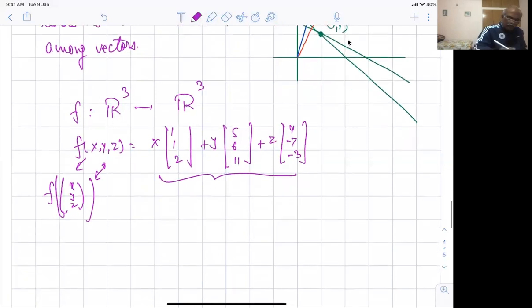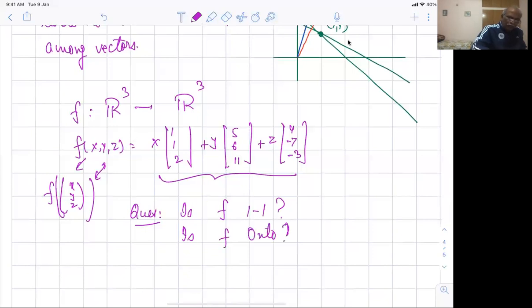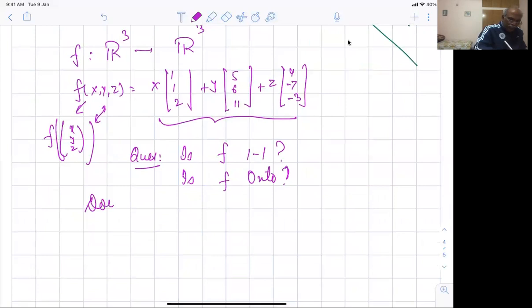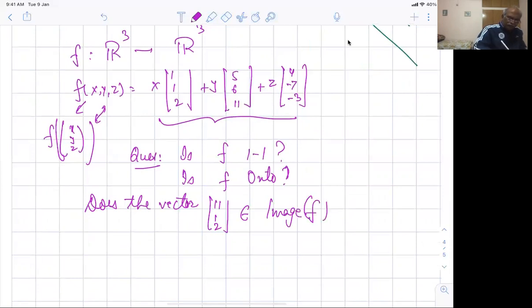The following questions can be asked. Is f onto? Does the vector (11, 1, 12) belong to the image of the function f?